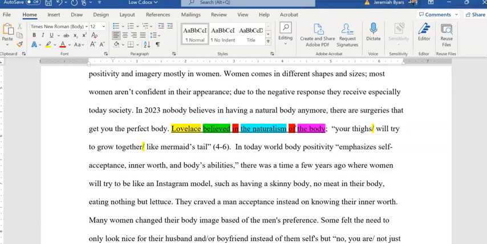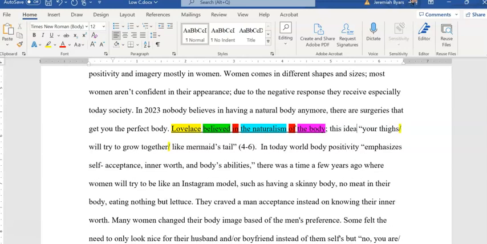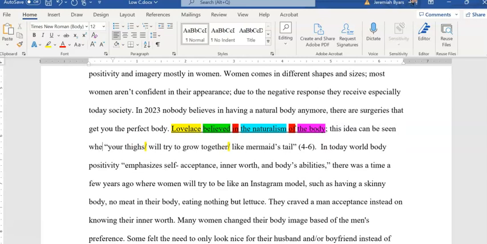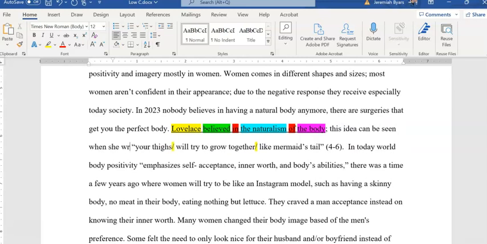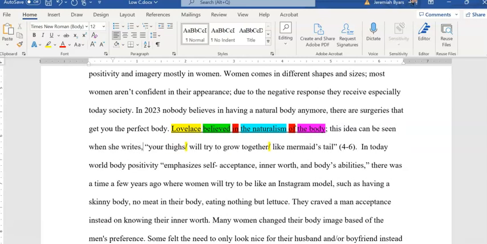This idea can be seen when she writes. Okay. So to have a semicolon, you have to have a complete sentence come after it. All right. So this writer would have to have added this phrase: this idea can be seen when she writes. All right.